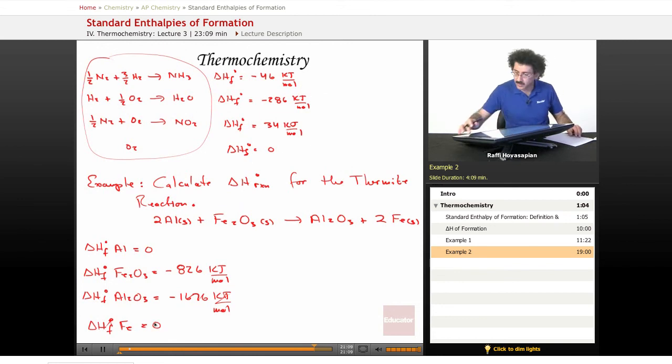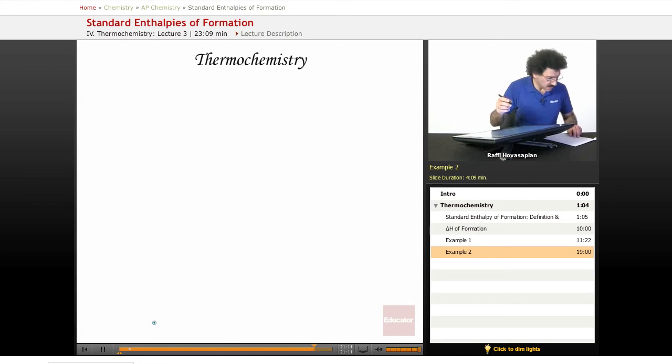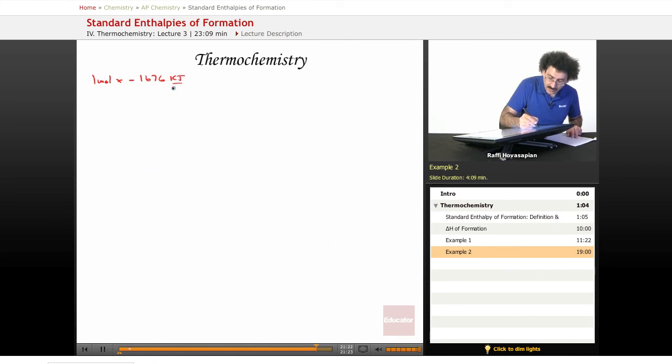Good. So now let us take 1 mole times minus 1,676 kilojoules per mole plus 0.